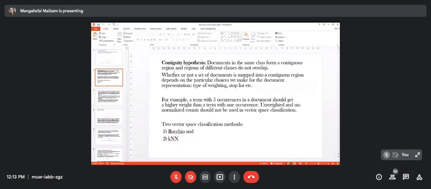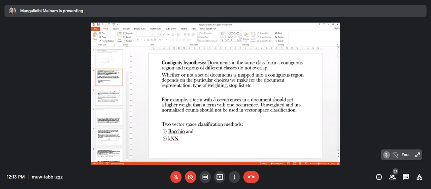That's what the contiguity hypothesis is. Documents of the same class will be in one region, and for other classes it will be in another region, so that the regions of the different classes do not overlap with each other.